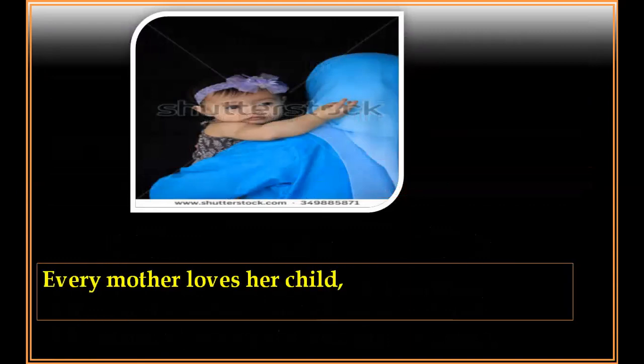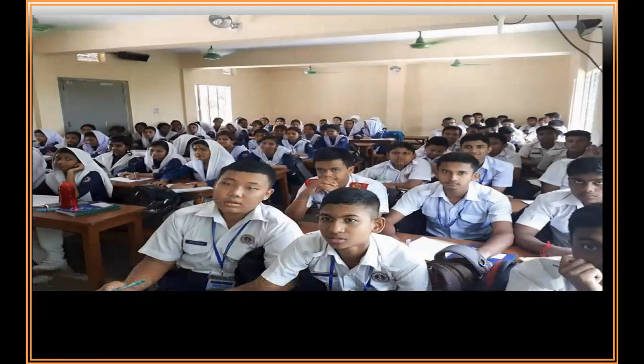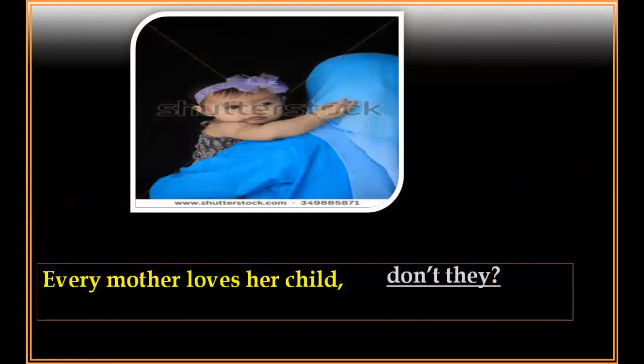Now look at the sentence. Every mother loves her child. Here, after every, there is a word, mother. When you see a sentence starting with everybody, someone, somebody, anybody, then for these you will write they.